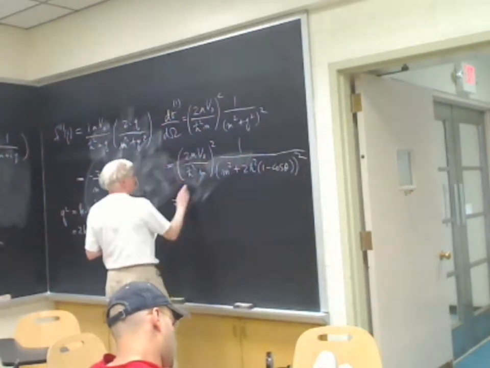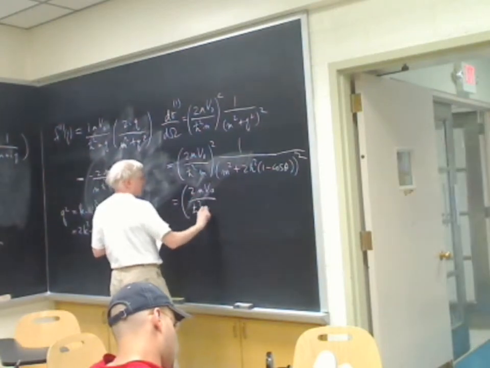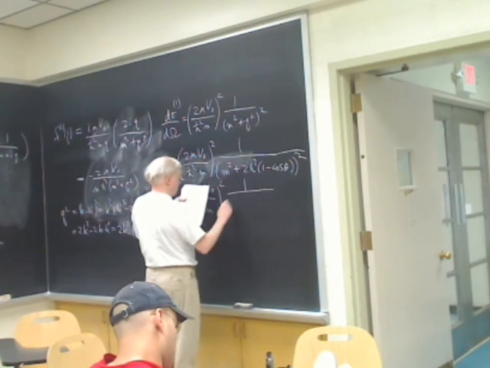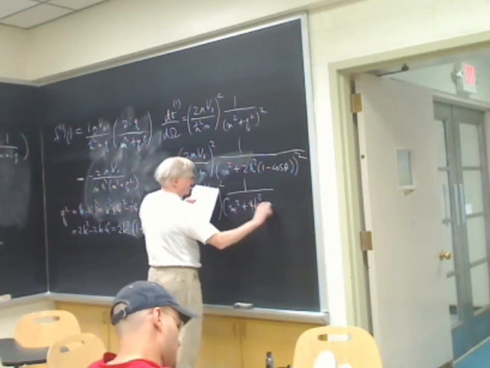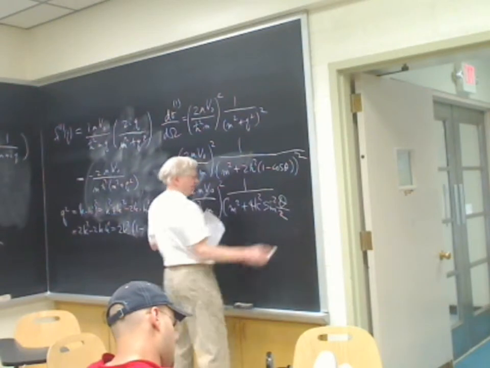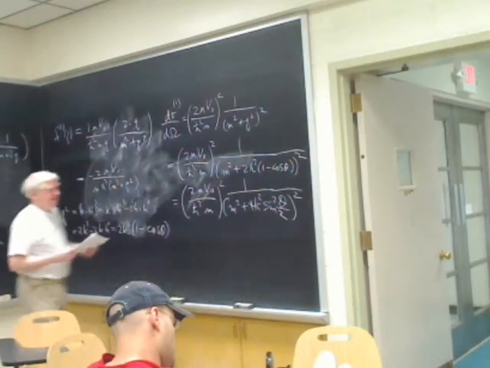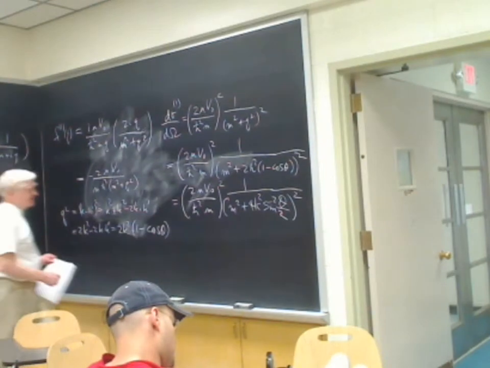Or you can write it as 2 mu V0 over h bar squared m squared, times 1 over m squared plus 4k squared sine squared theta over 2. This is one of those half-angle formulas that are kind of mysterious.